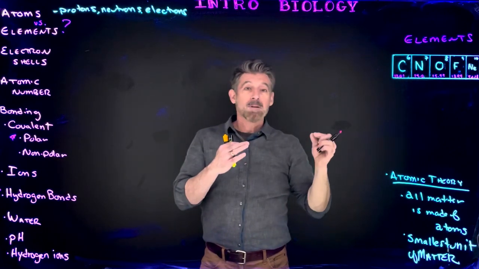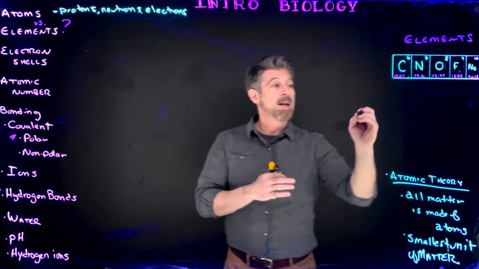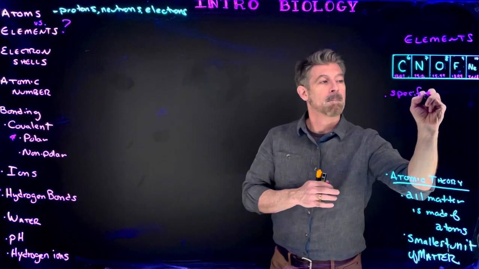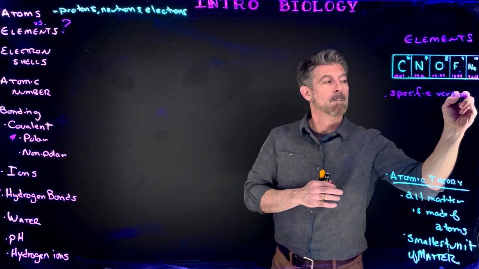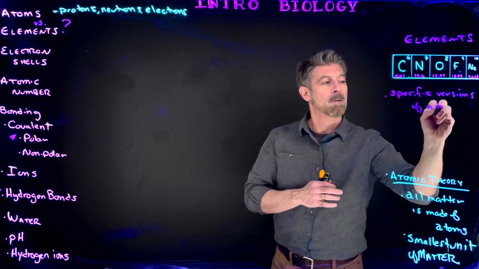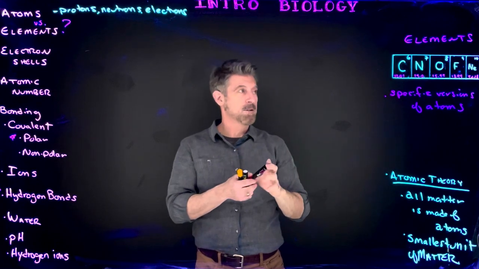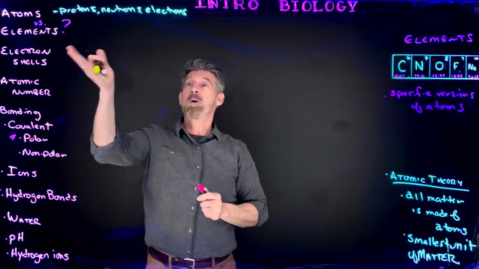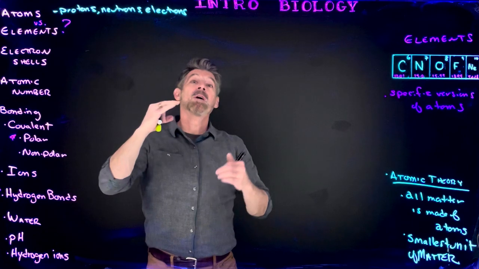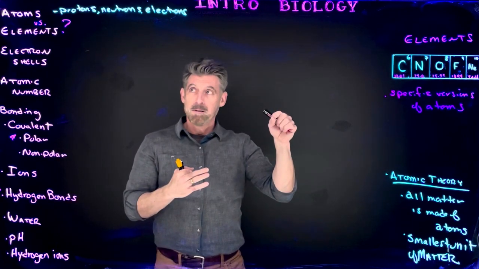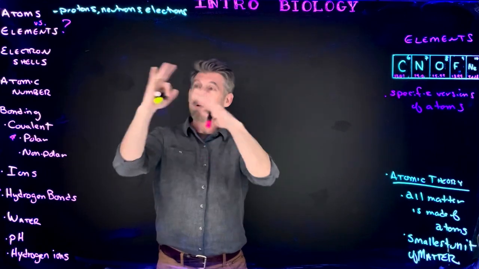It's that elements are just specific versions of an atom. All right, so specific versions of atoms are the elements. So what do you mean by versions? Well, I said atoms are made up of protons, neutrons, and electrons. So the elements are defined by a certain number of these things, okay? But not really all these things.